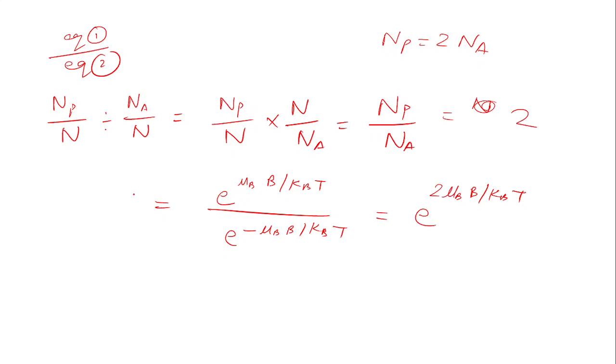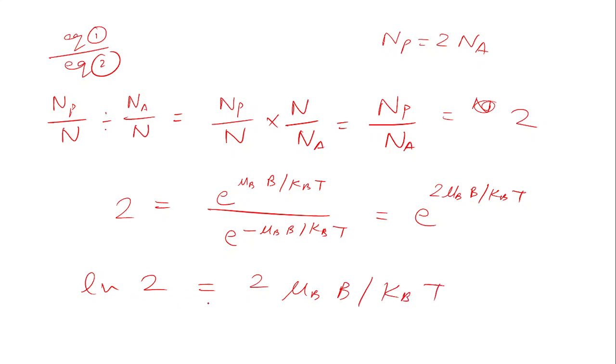So this will be 2, and the expression will be like this. To get rid of this exponent, we take the natural log, and then natural log 2 is equal to 2μBB by kBT.